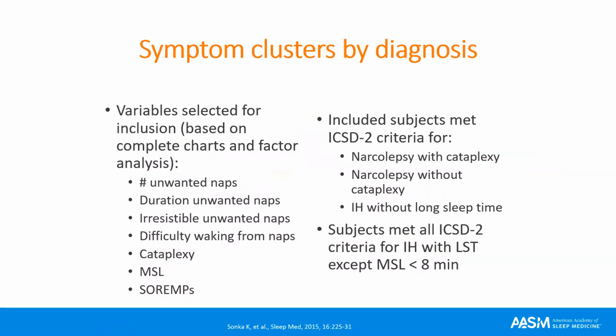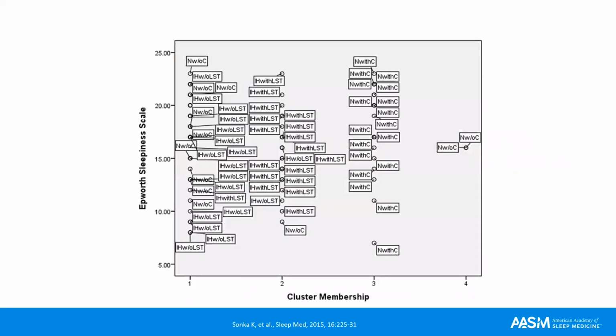So one of the papers that I think was really instrumental in demonstrating this was a cluster analysis that was done using the old ICSD-2 criteria, where they basically looked at the MSLT results, but also clinical features like cataplexy and characteristics of naps. They threw it all into a computer and said, sort these people into clusters. And what happened is there's a very clear cluster that captures almost all of the narcolepsy type 1 patients.